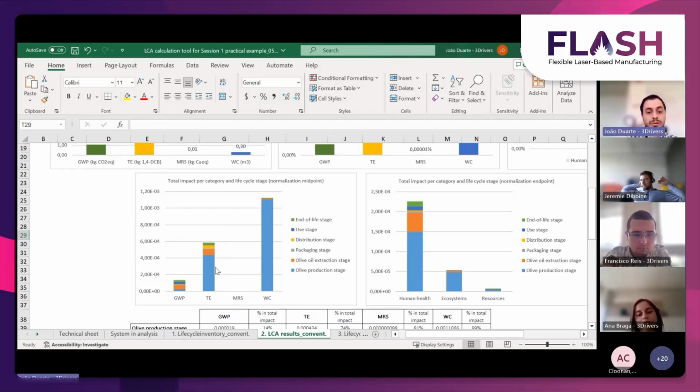If you look at terrestrial ecotoxicity, production of olives continues to have the largest contribution, especially because of the use of fertilizers and other products that are then released and accumulated into soils.